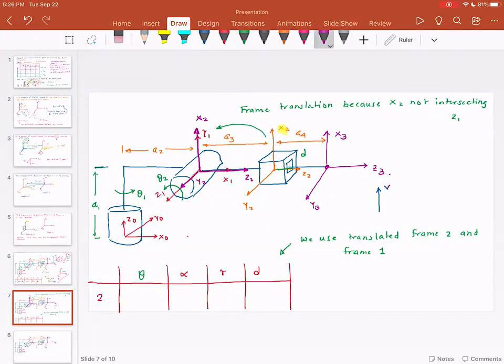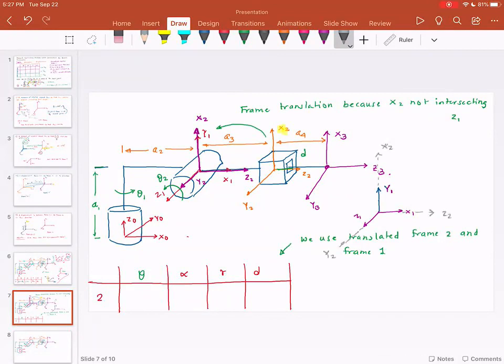So I have y1, I have z1, and I have x1, and then I have this x2, I have z2, and I have y2.